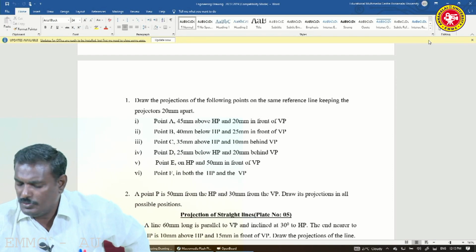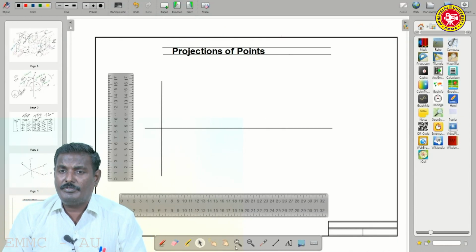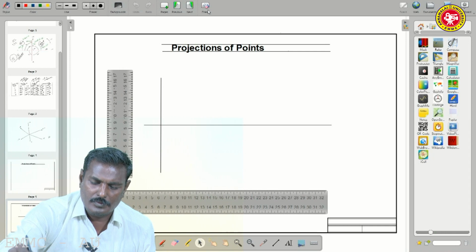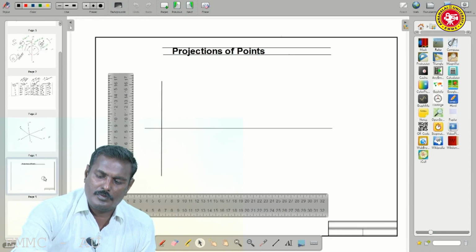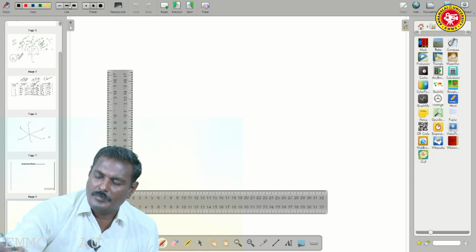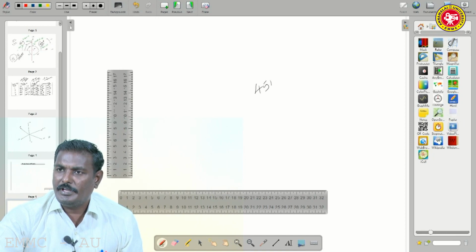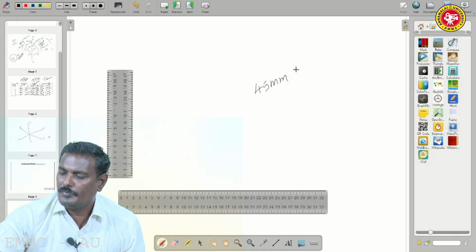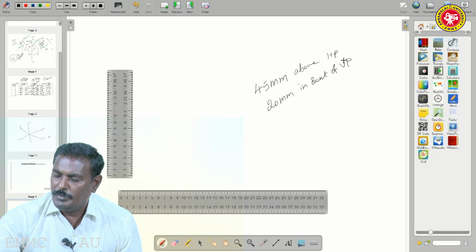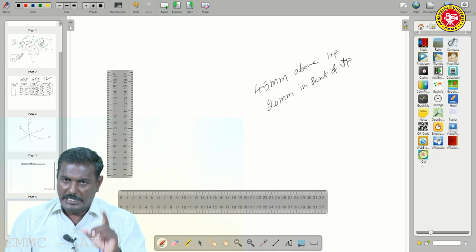So what is the meaning of 45 mm above HP, 20 mm in front of VP? I already stated this.